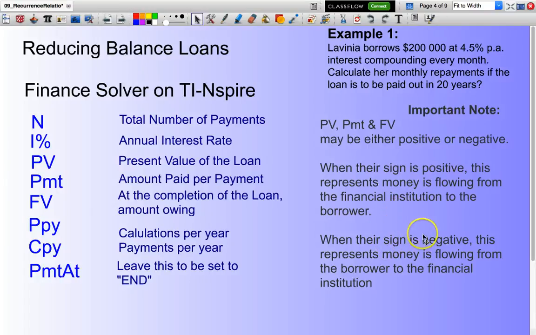And when their sign is negative, this represents money flowing from the borrower back to the financial institution. It's very important to keep that in mind, and I will dwell on this concept as we move from example to example. Now, we're going to look at this first example, which is on the next slide as well.